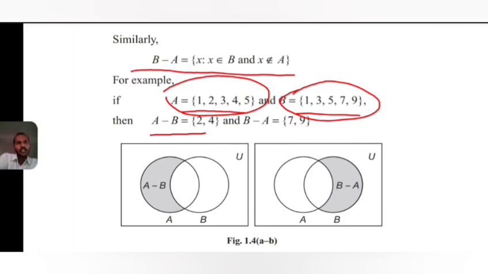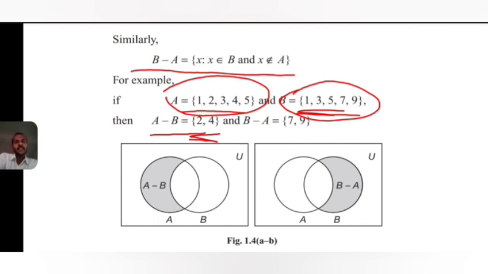Let's see which elements are present in set A. Only 2, 4 are present in A only, and the remaining 1, 3, 5 are common in set B also. Therefore, we take only 2, 4.